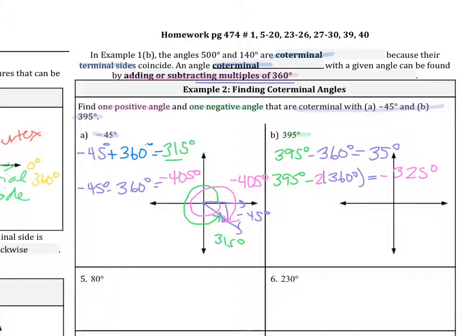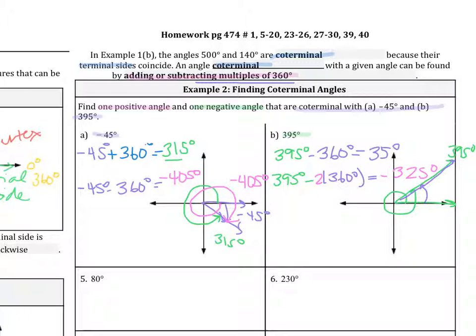Let's graph that. We have 395 degrees. We know that's going to end in quadrant 1, and the initial side is here, so 395 degrees is there. 35 degrees just goes up to that same exact spot, right?